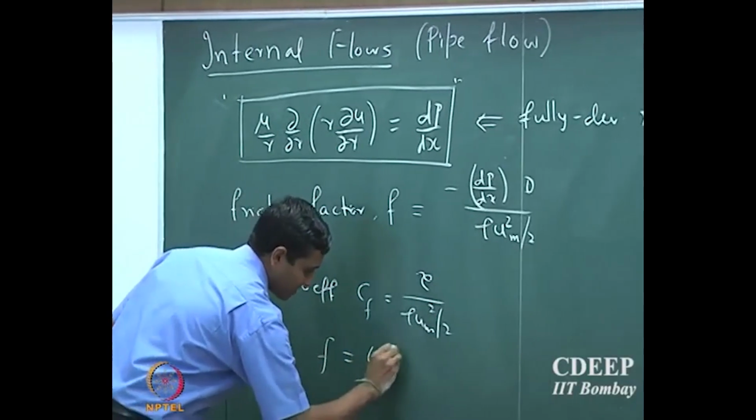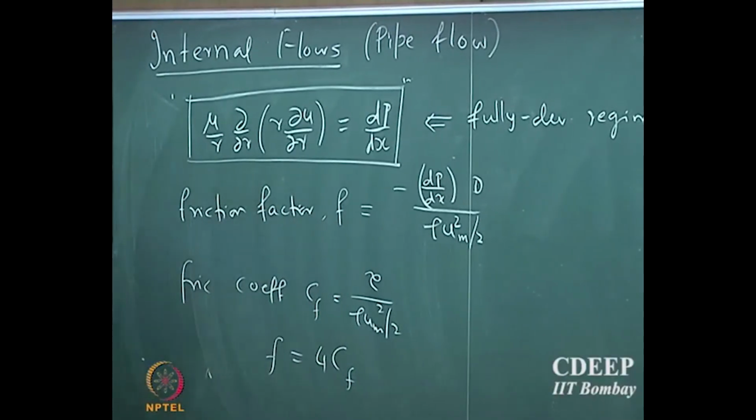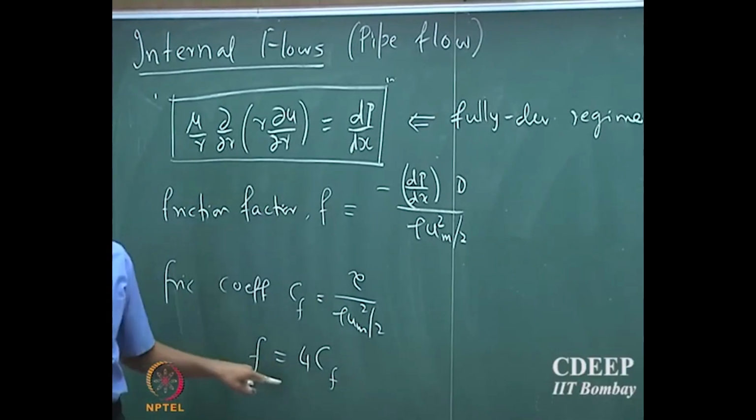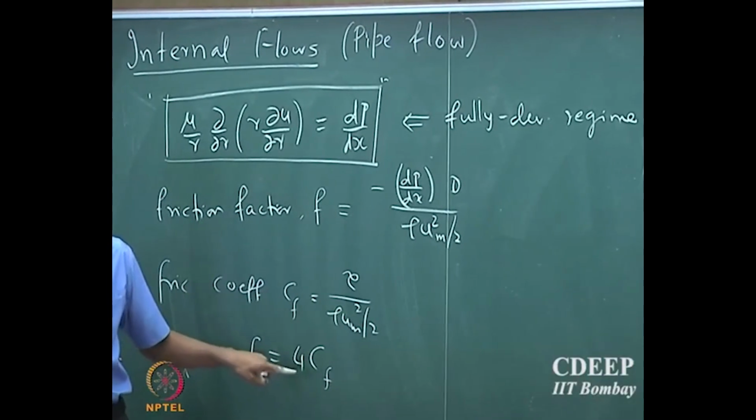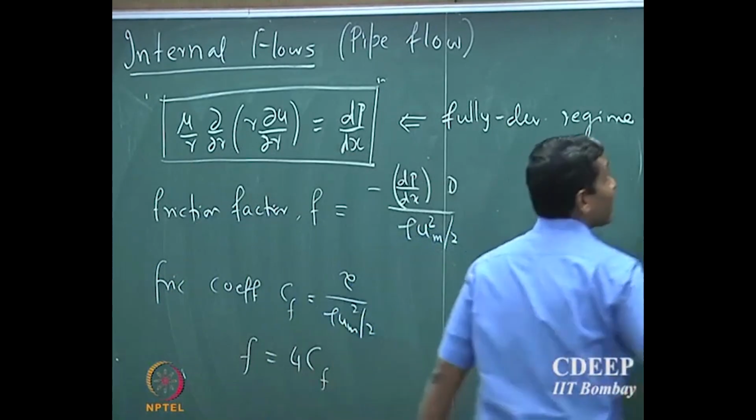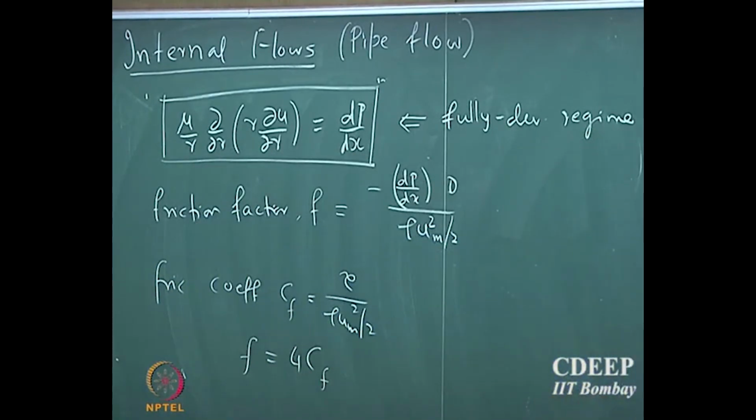So for laminar flow conditions, it actually turns out that it's 4 times Cf. Okay, this is only true for laminar flow. Now, if you are looking at turbulent flow and other conditions, there are some correlations available for the friction factor in terms of the Reynolds number.